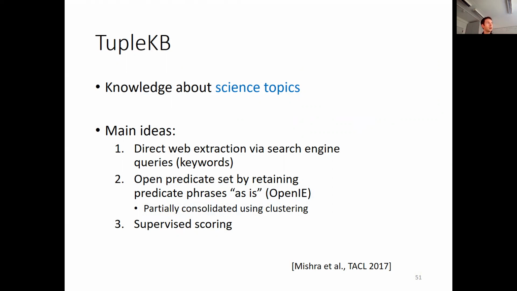So there are manually authored query templates used to extract the relevant websites for the subjects. For the extraction scheme, the idea is to use an open predicate set via OpenIE, which is later partially clustered. And for consolidation, a supervised scoring is used, a supervised prediction model.